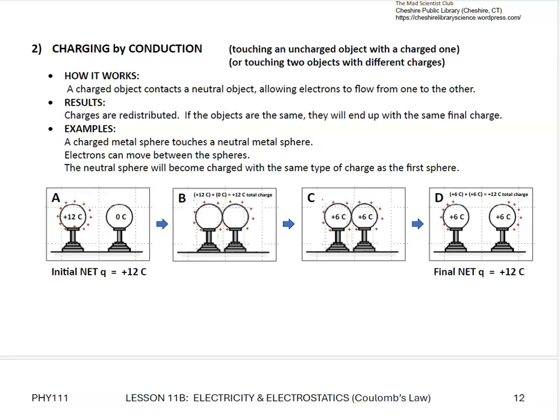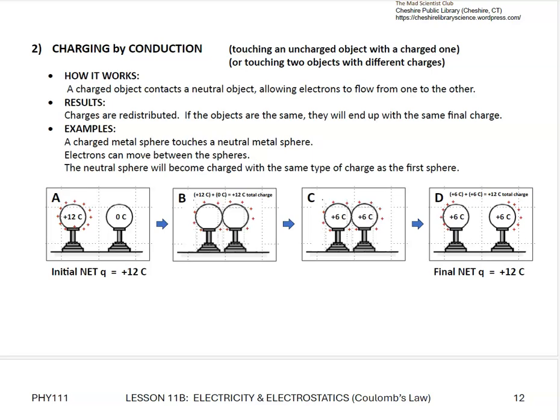The left ball has positive 12 coulombs of charge, and it could have had negative 12 coulombs of charge. Doesn't really matter as long as one ball is uncharged and one ball is charged. When the two balls contact each other, charges will flow. And eventually, because these balls are identical in size and shape and composition, we'll end up with two balls with the exact same charge on each.